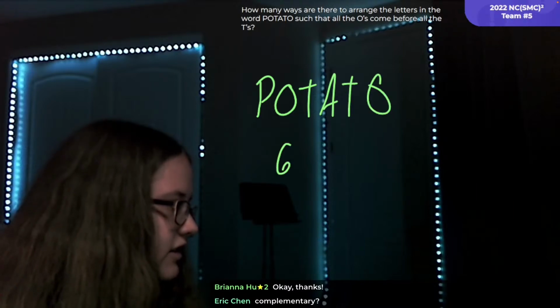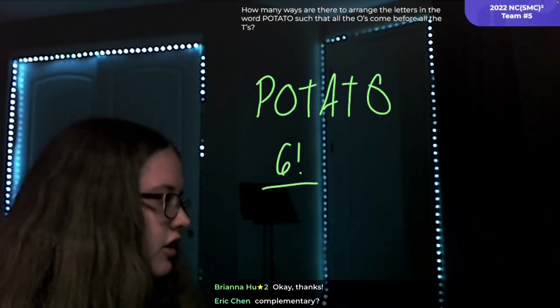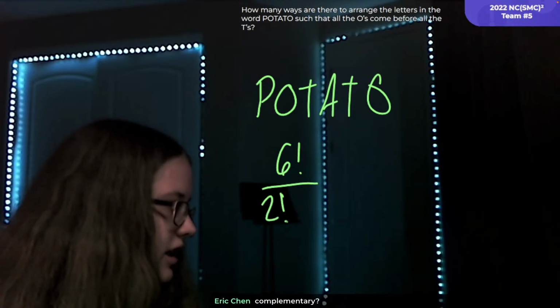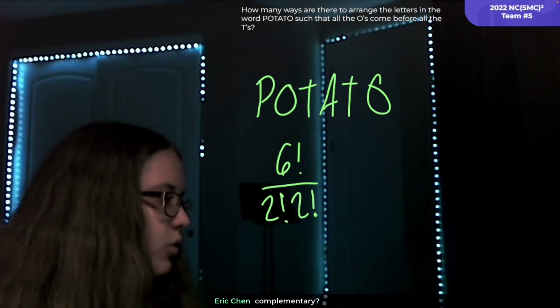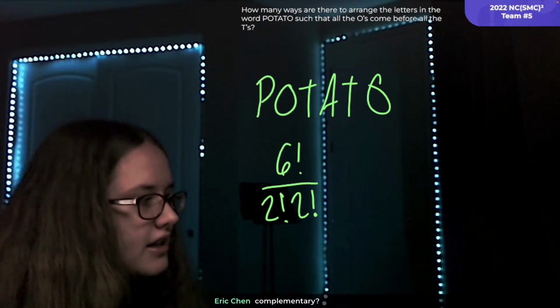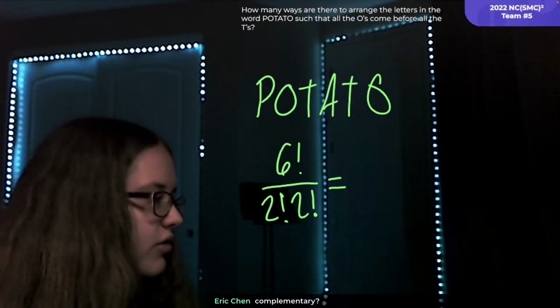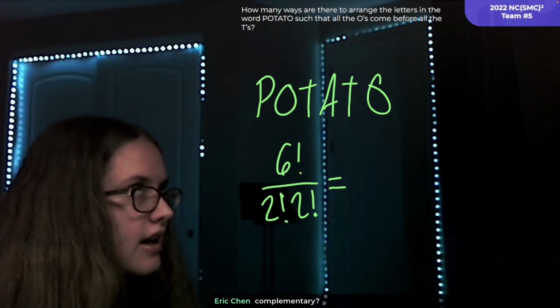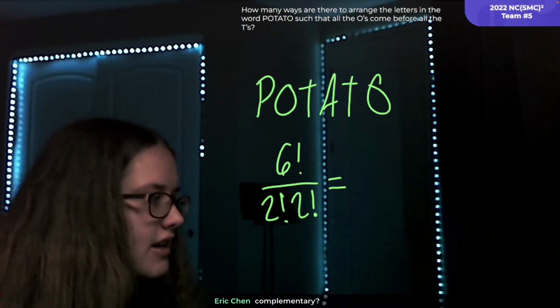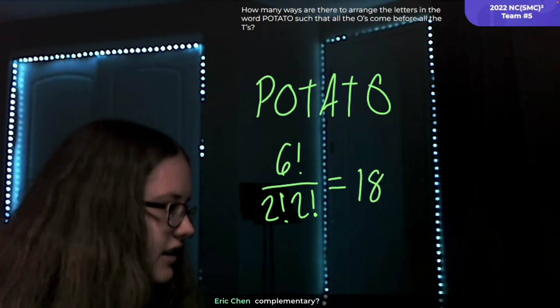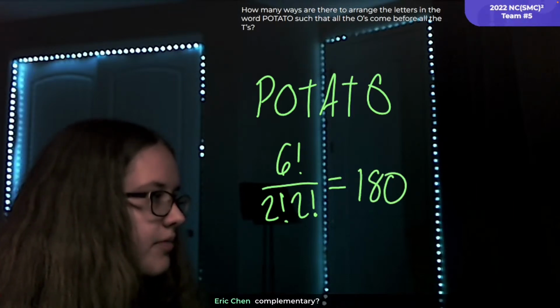we have 6 factorial over 2 factorial times 2 factorial ways to do that, because there are 6 letters and O and T are both repeated twice. And so that is going to be 180 ways to do it.